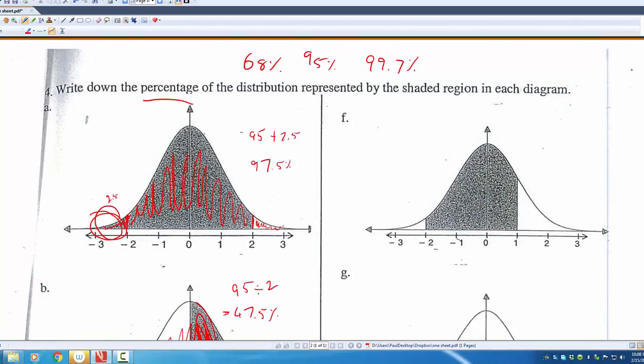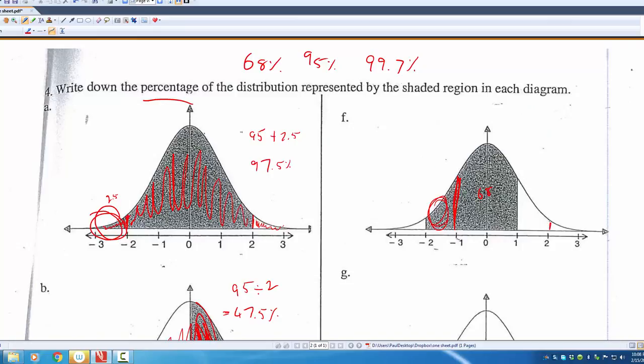Okay, let's check this one out. I think we've done one similar to this already. One standard deviation to the left and the right is 68% of the values. Now what we're going to do is tack this bit on here. Here's my approach with this one.